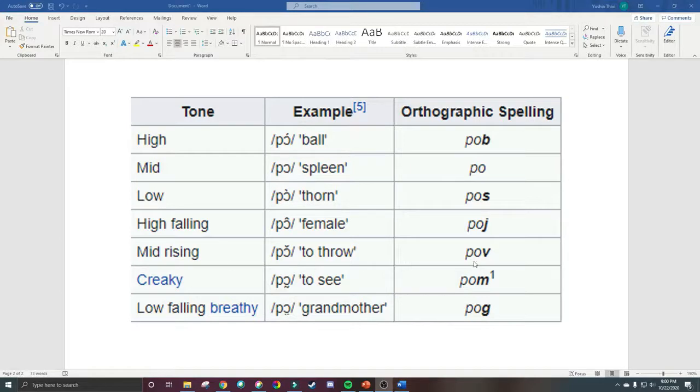And so this is the V, it's ball. It's a mid-rising. It's not high and it's not falling, it's rising slowly. And the M, which is a creaky sound.